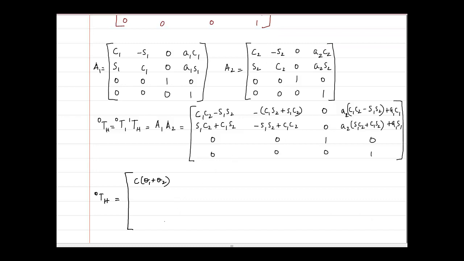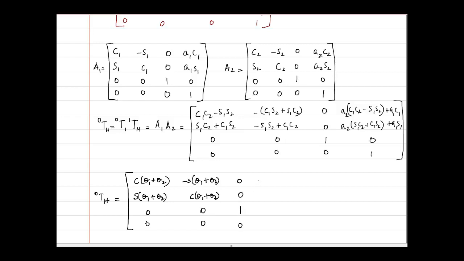Similarly, the second one is going to be sine theta 1 plus theta 2, followed by two zeros. This one is going to be minus of sine theta 1 plus theta 2. This one is the same as the other one, so it is cos theta 1 plus theta 2, 0 0, then we are having 0 0 1 0.